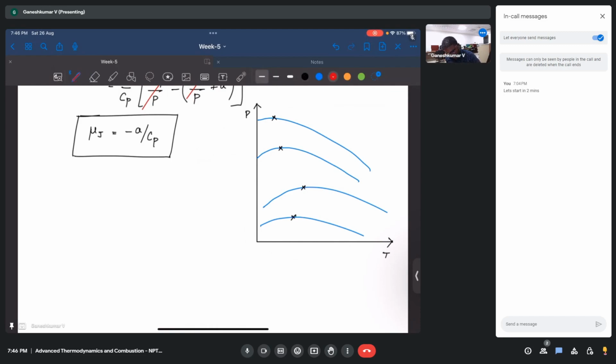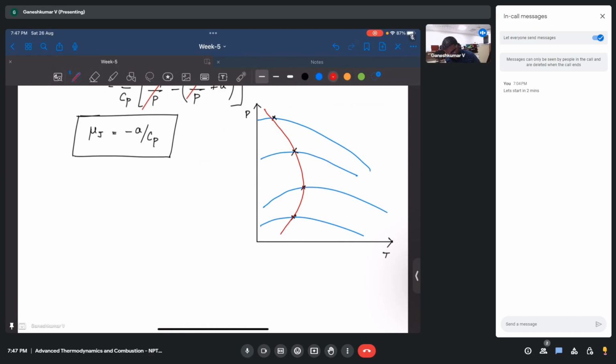Pardon my drawing, it's very bad. So this is the inversion curve.